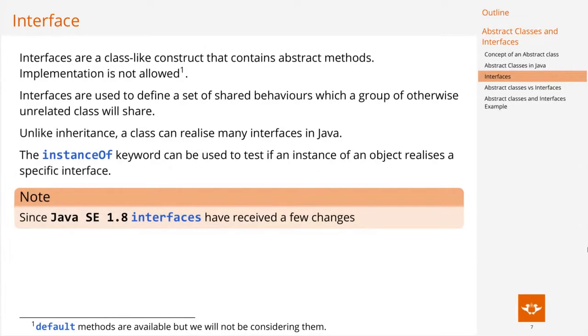And because you can realize multiple interfaces, you can sort of implement the same functionality as you would with multiple inheritance. Not exactly the same, but very similar. So interfaces are usually used to group a set of shared behaviors between unrelated classes.